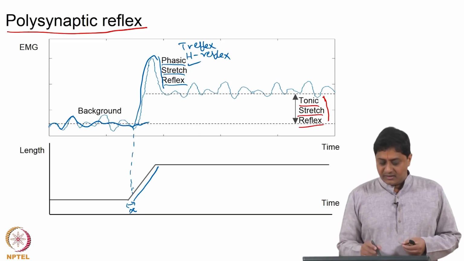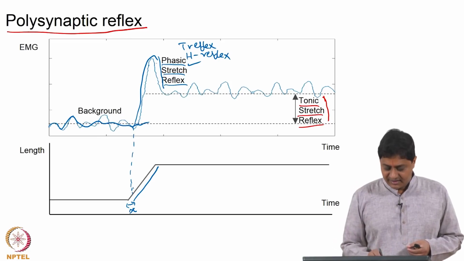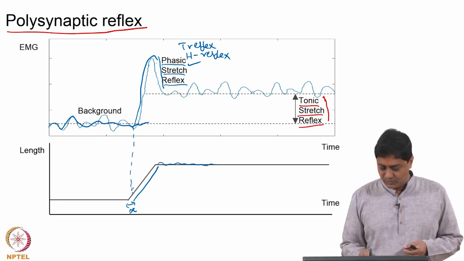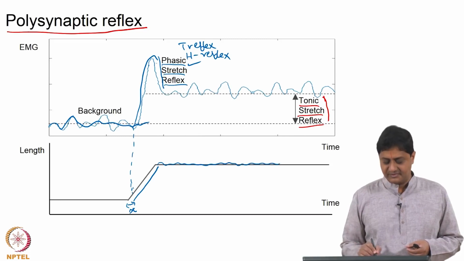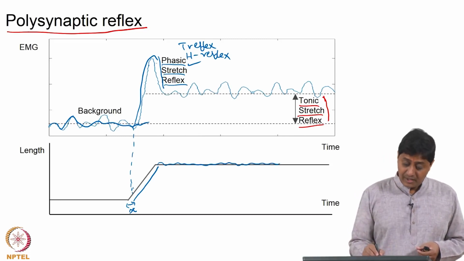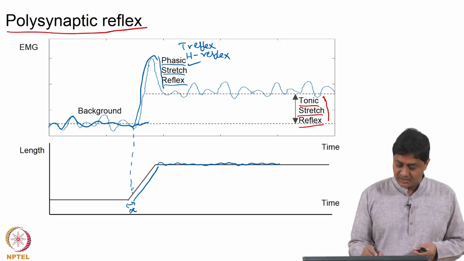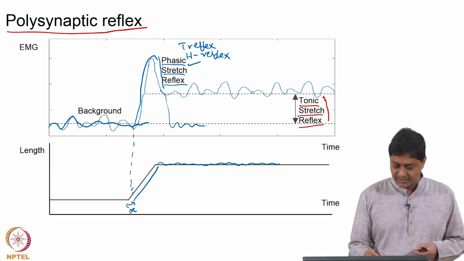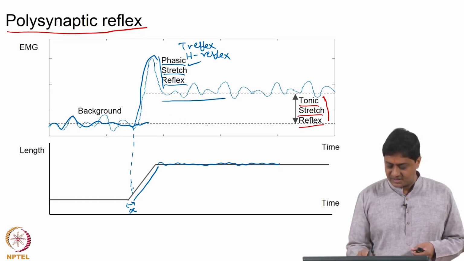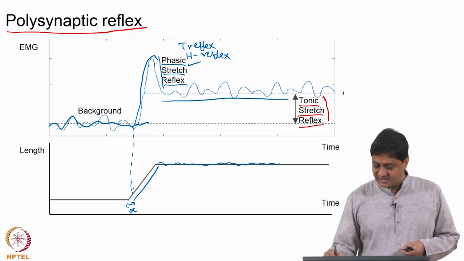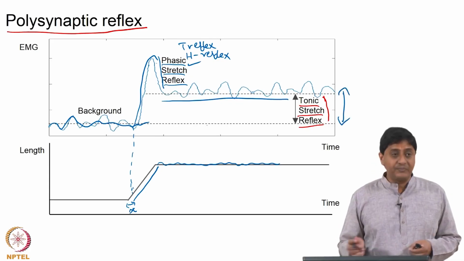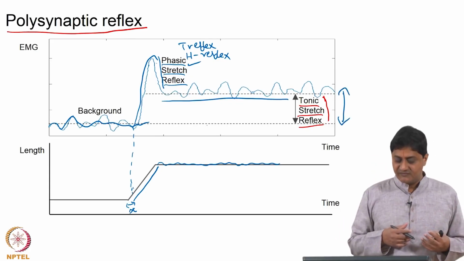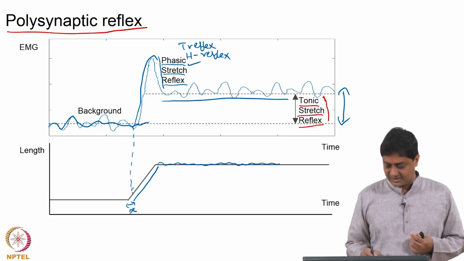Now, and then it settles, and then the length has settled at a new level, right here. Now what happens, the response does not go back to here, that does not happen. What happens is that the response settles around here, but there is a difference in the previous background response versus the current response depending on the length.